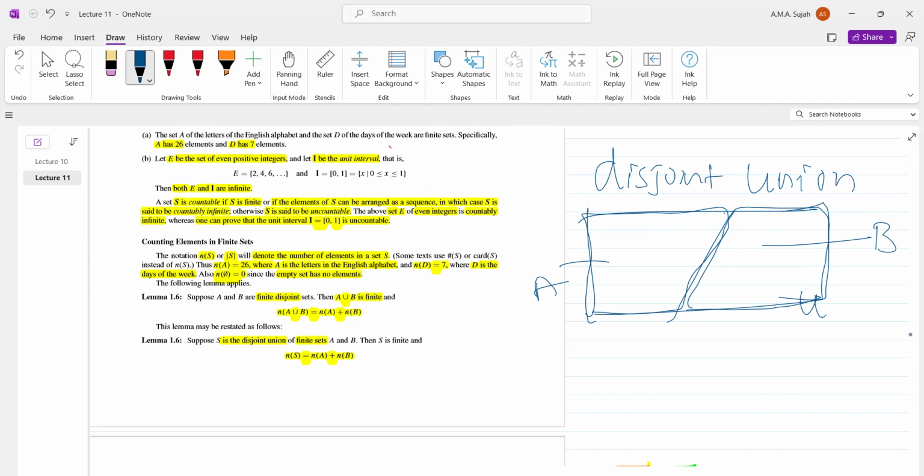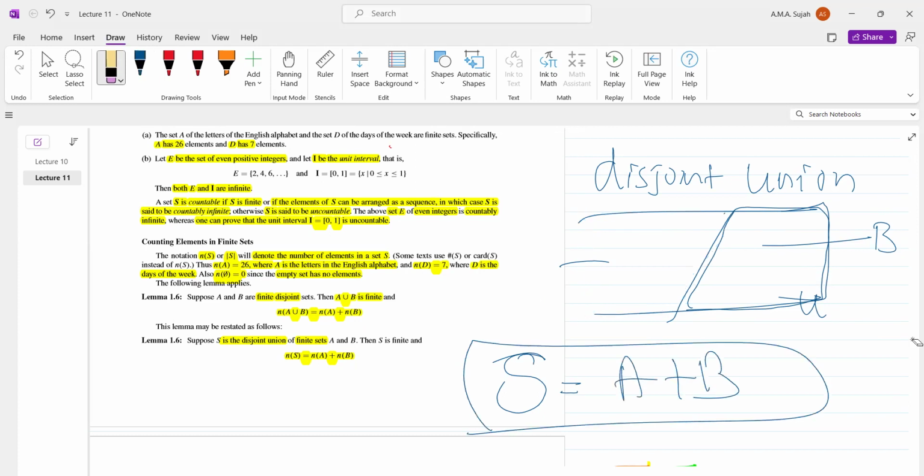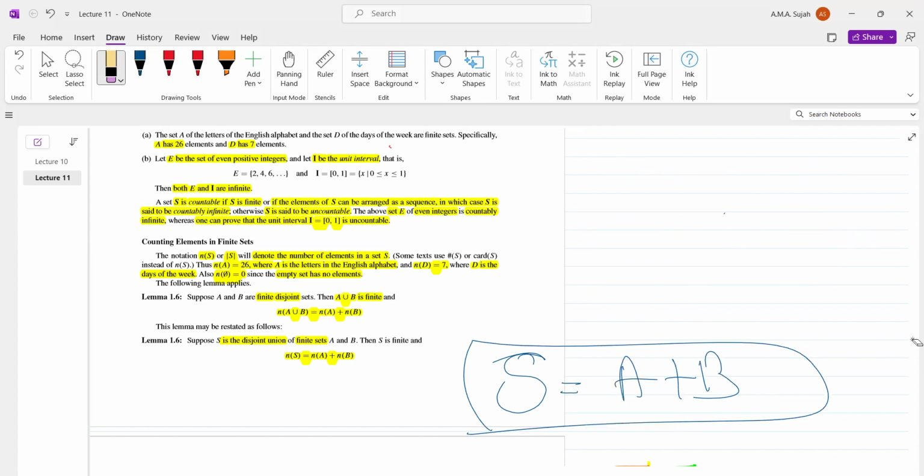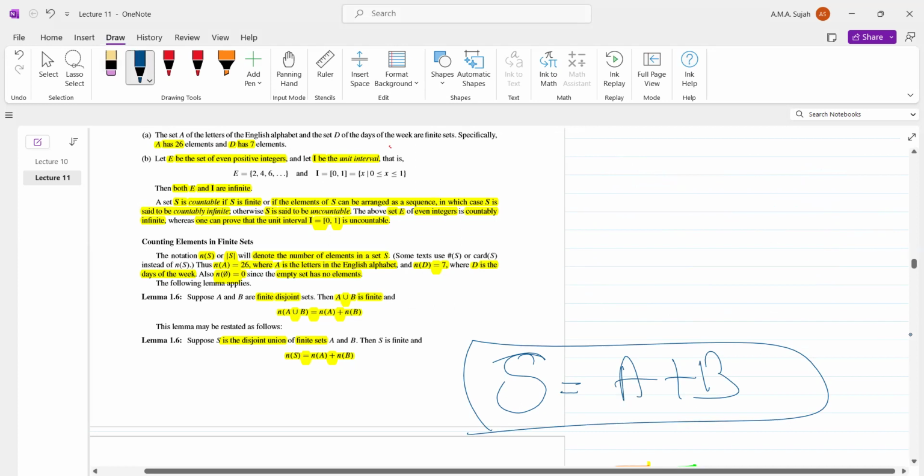Disjoint union means the universal set S is equal to A plus B, right? We already discussed disjoint union. Disjoint union means we are getting the sum of all the sets, right? Maybe we will discuss it when we look at the product of sets.